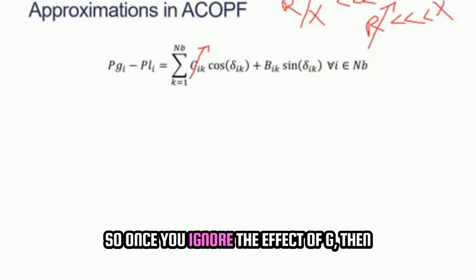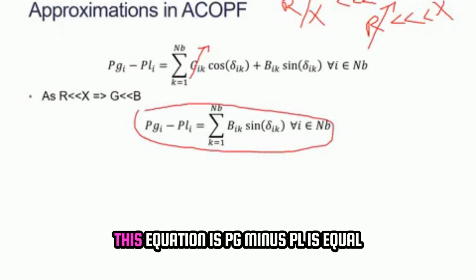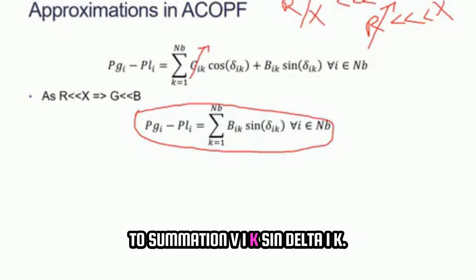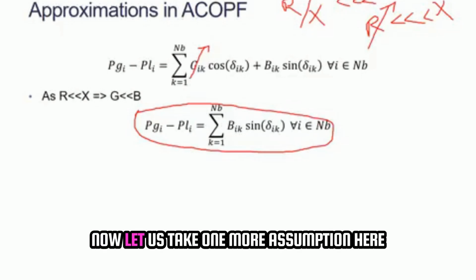Once you ignore the effect of G, we finally get this equation: PG minus PL is equal to the summation of BIK sin delta IK. Now let us take one more assumption here.